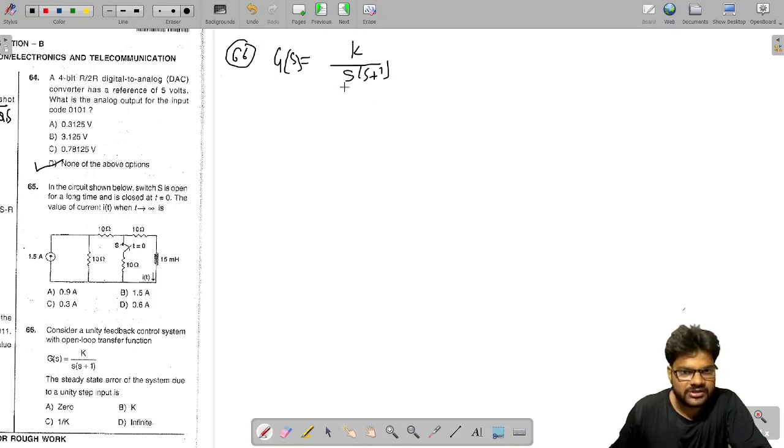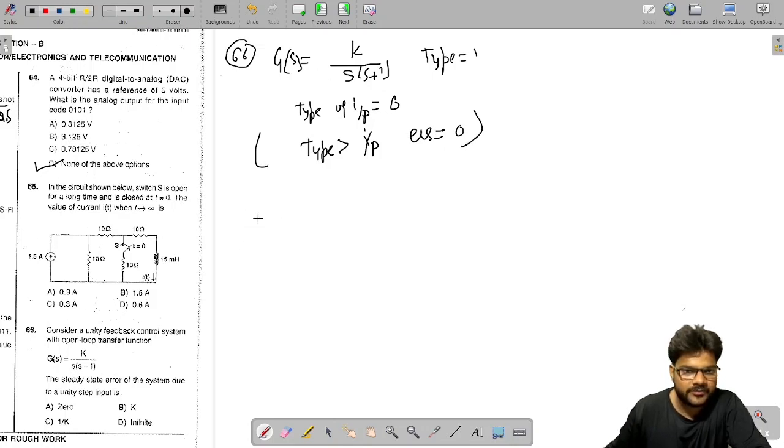See, the type of this OLTF is 1, and the type of the input is unit step, so the type of input will be 0. If the type of system is greater than the type of input, then steady state error is 0. You should know it, or you can go by the method.